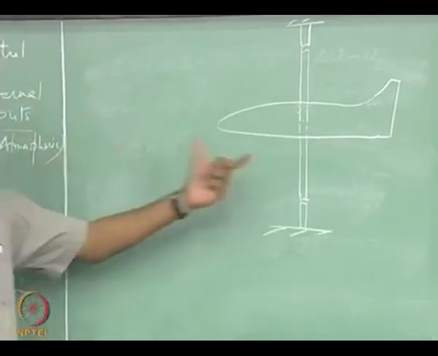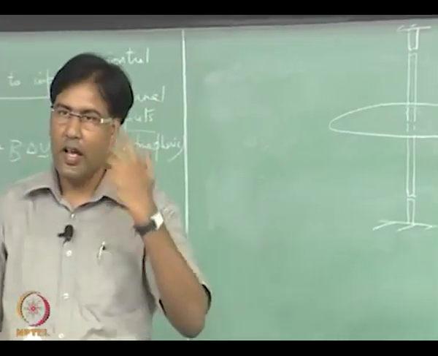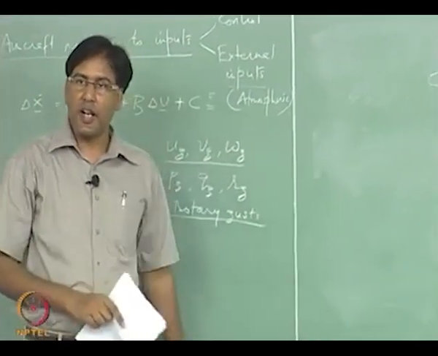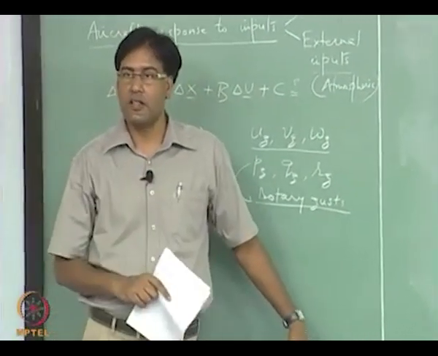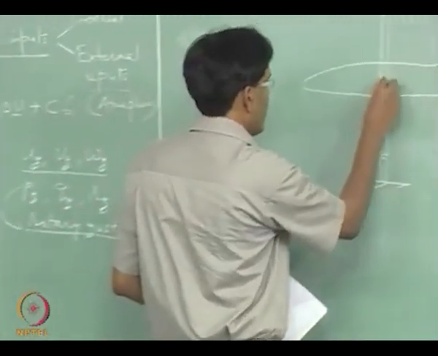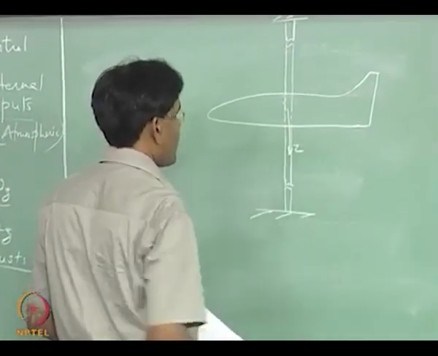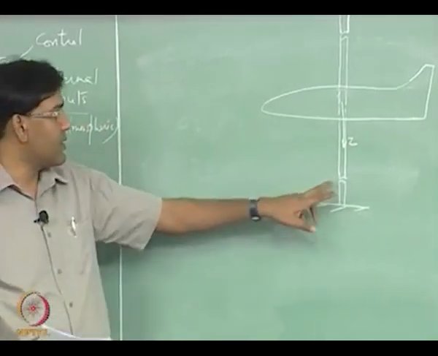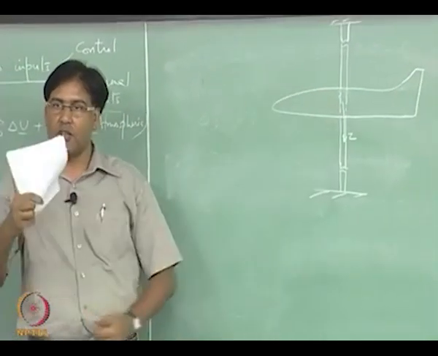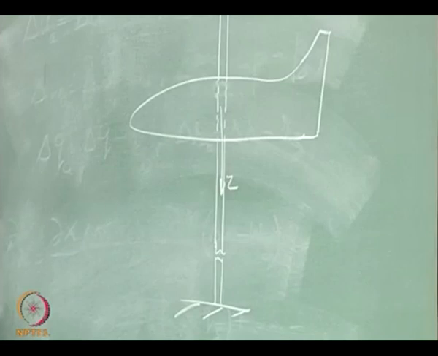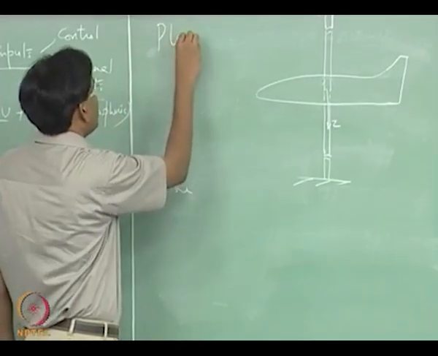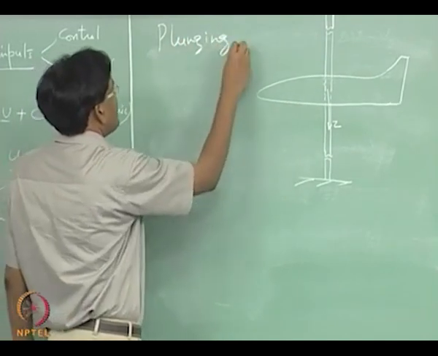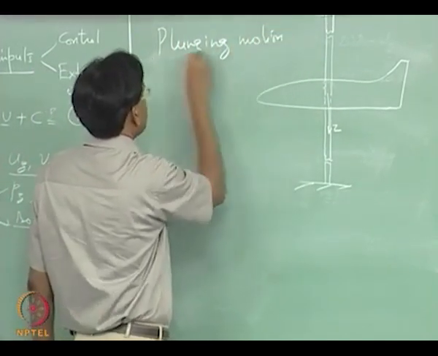So, let us say we have this model mounted in the wind tunnel, okay, and we are looking at the motion of aircraft only in the jet direction. Okay. This is the jet direction, and there is some mechanism which allows it to move in the vertical direction, but that is the only degree of freedom it has. Okay. The only degree of freedom. So, this motion is called plunging motion.